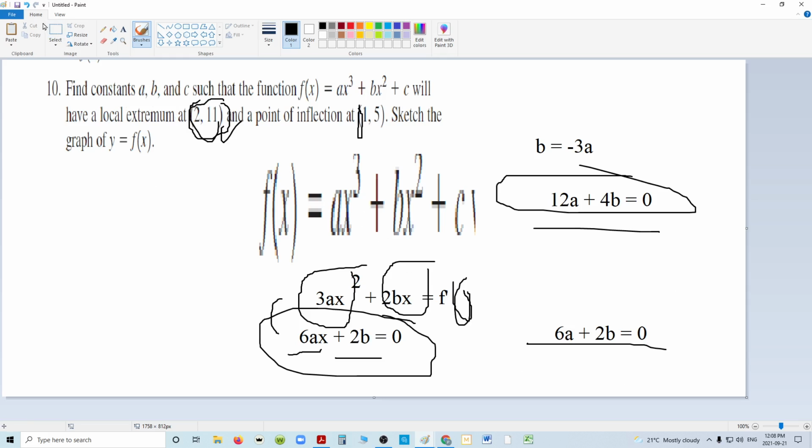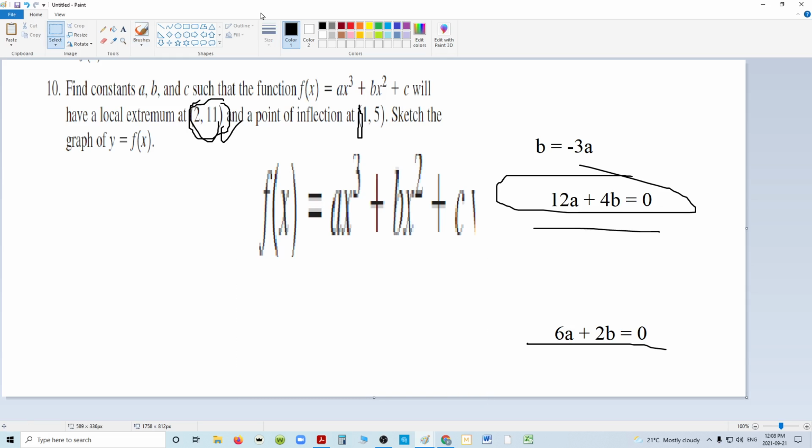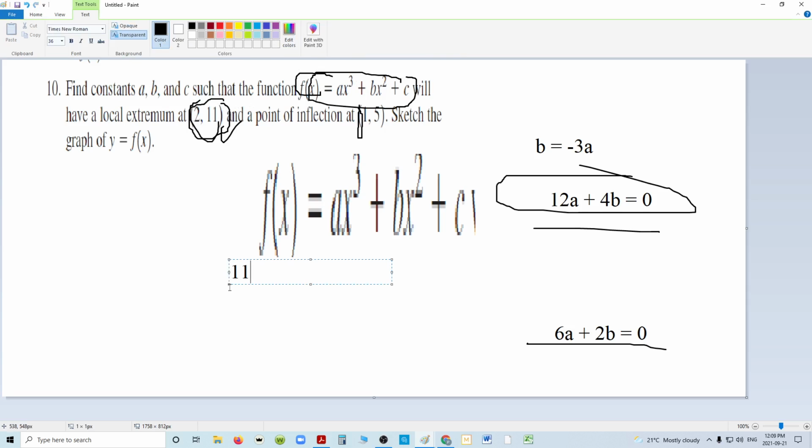However, I am going to get another formula from the function itself. Since I know that this is going to be equal to 11 when x is 2, I'm going to get another one. So when y is 11, I'm going to get a times 2 cubed, 8a, plus b times 2 squared, 4b, plus c.